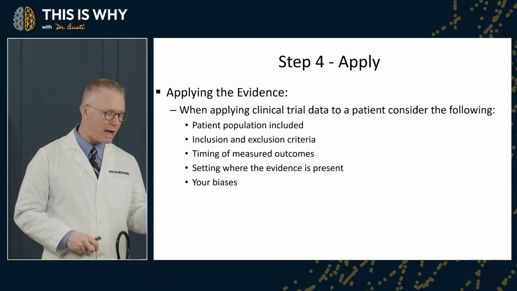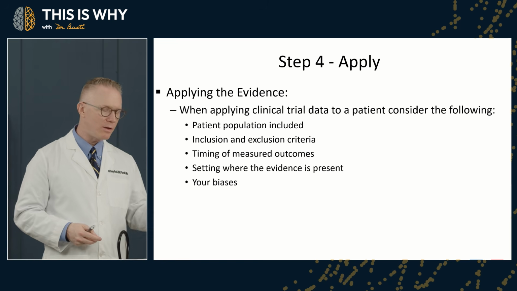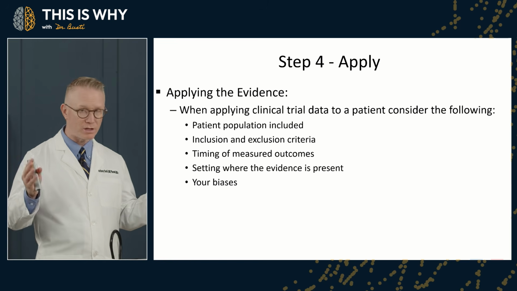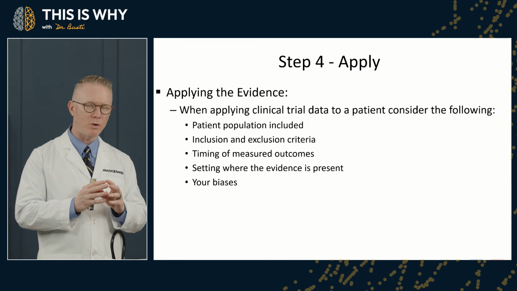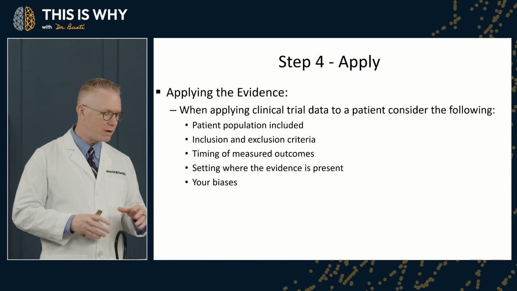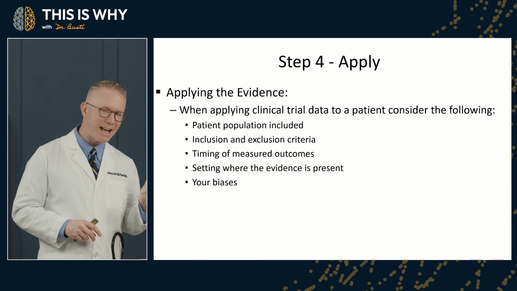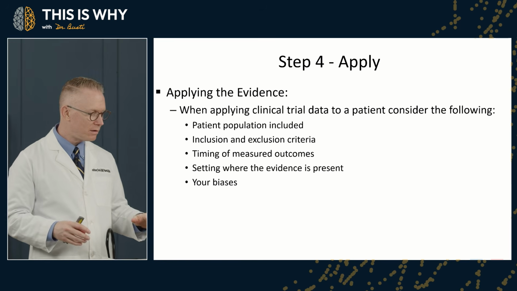Now, when we apply clinical trial data, we need to consider some of the following. Right? The patient population that was included. That's straightforward. These are the 4 main elements, if you will, predominantly of the PICO or the clinical question. But the patient population, inclusion-exclusion criteria, the timing of that measured outcome influenced by the setting, right?